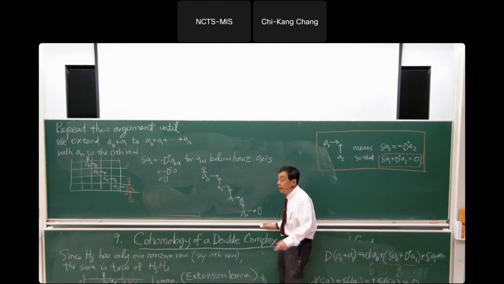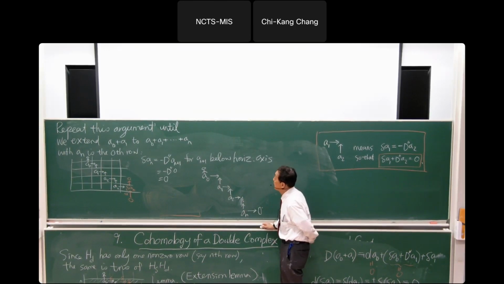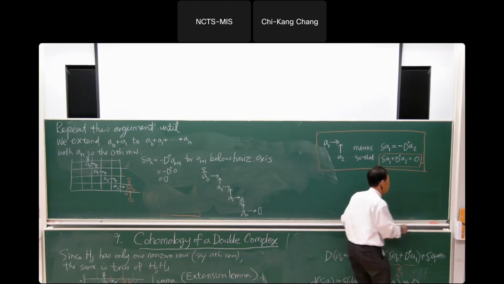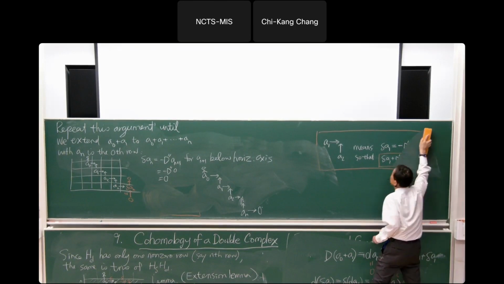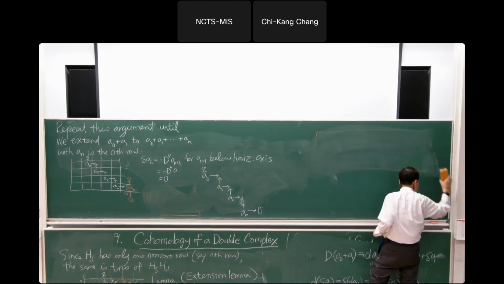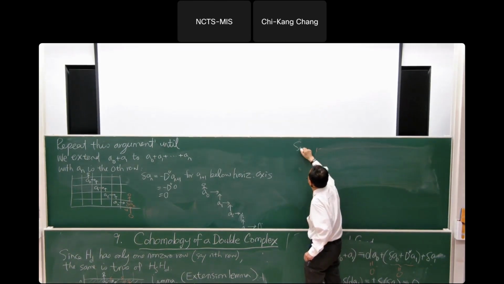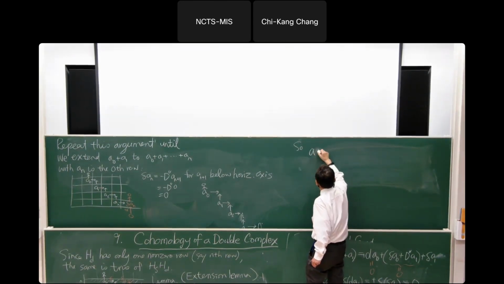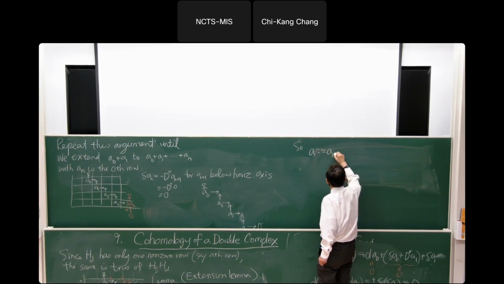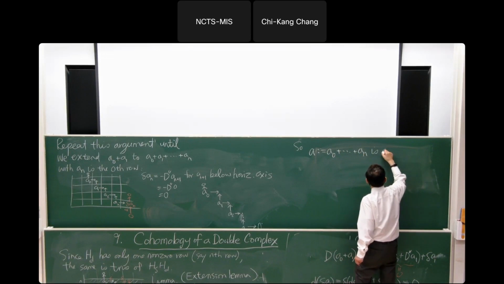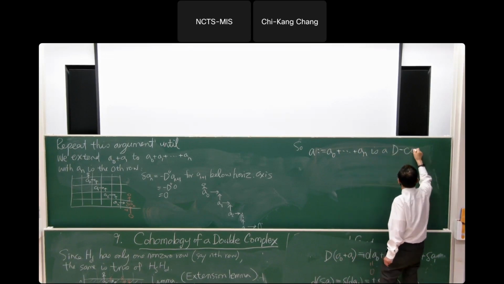And that means you have a cocycle. So you have an extension that's a cocycle. Is a big D cocycle.